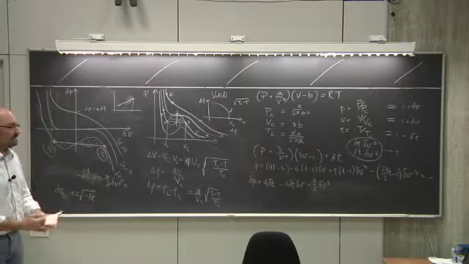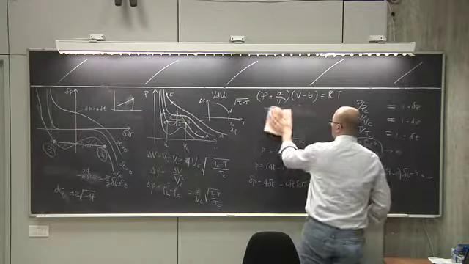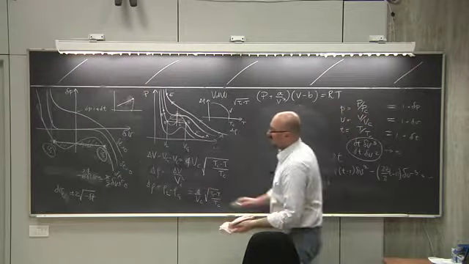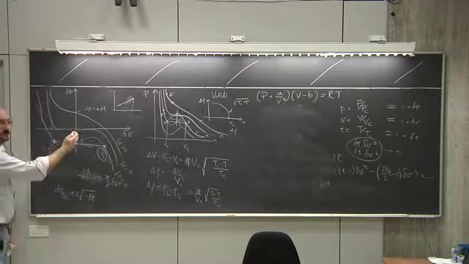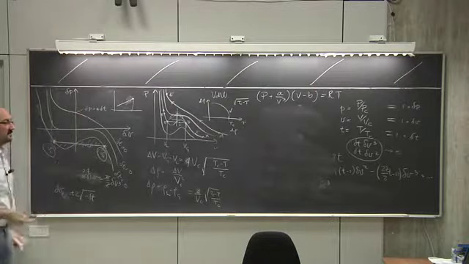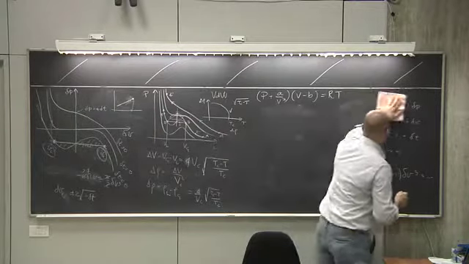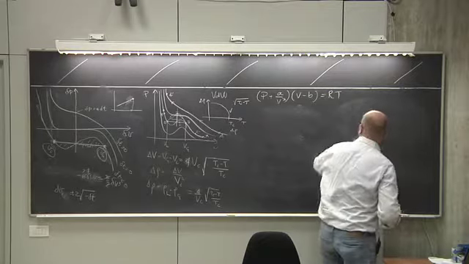Okay. Now let me do another calculation. So the idea is the following: the two phases are the same above the critical temperature, and they are distinguishable below the critical temperature. The two phases, liquid and gas, are the same above, and they are different below.